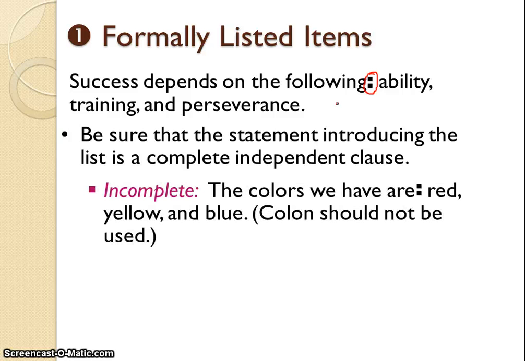The next example is an incomplete one. The colors we have are, that's not a complete thought, so we shouldn't use anything here. We should say just the colors we have are red, yellow, and blue with no colon here.